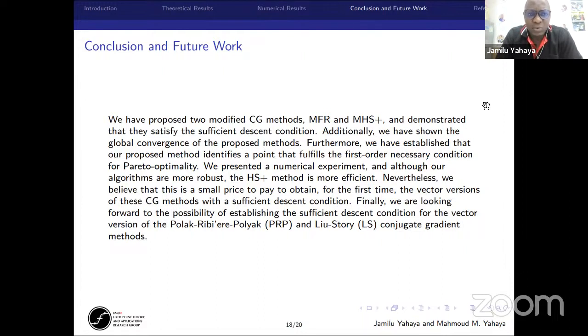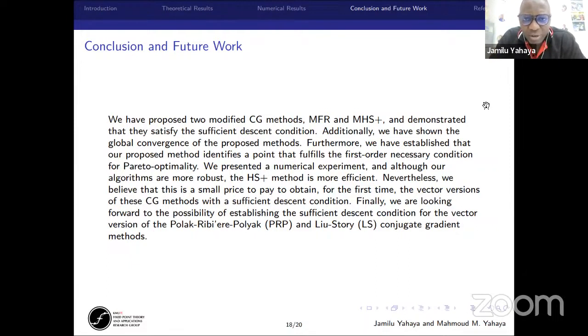Additionally, we have shown that the global convergence of these proposed methods can be established. Furthermore, we have established that our proposed method identifies a point that fulfills the first order necessary conditions for Pareto optimality, which is very vital in these settings.